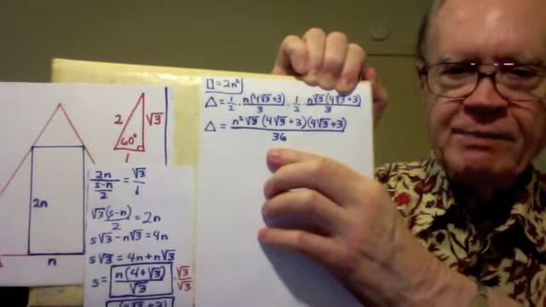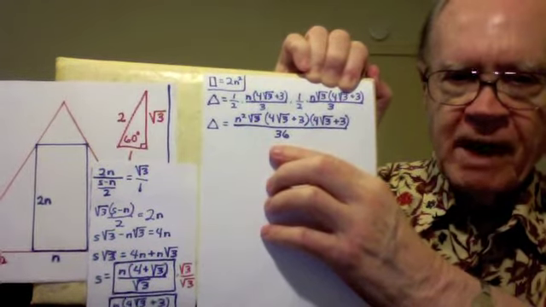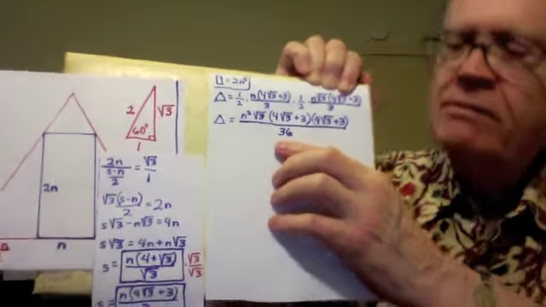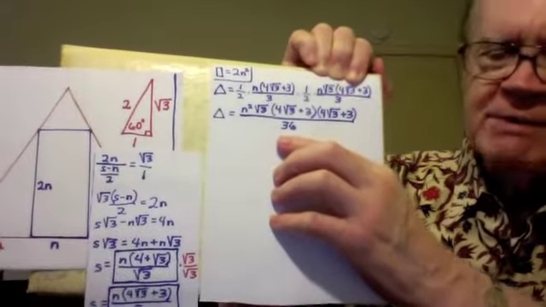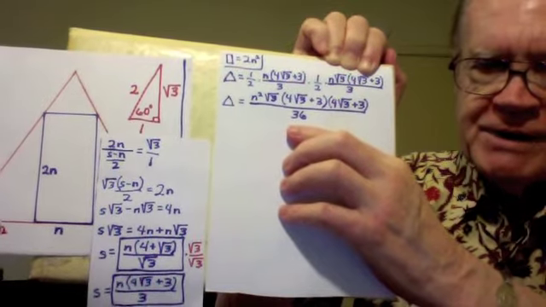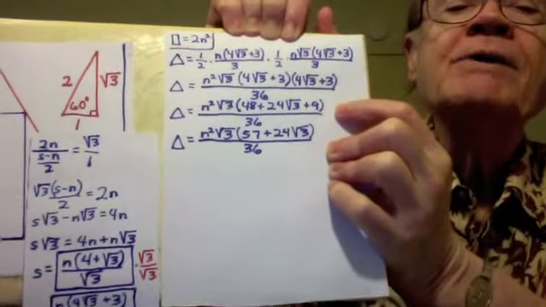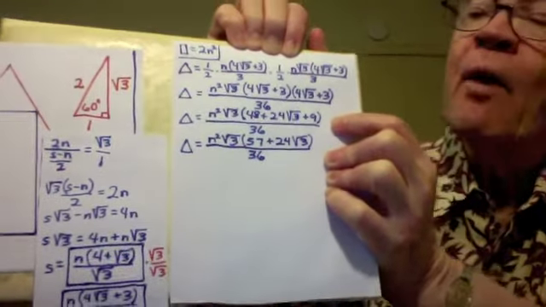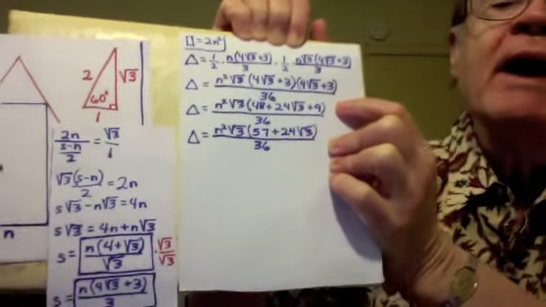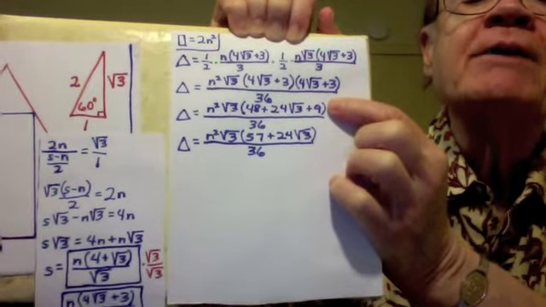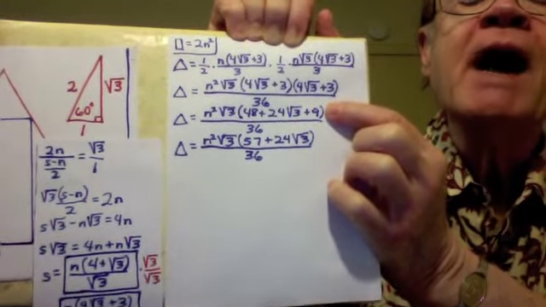I have rewritten the expression as n squared times root 3 times (4 root 3 plus 3) times the same thing, (4 root 3 plus 3), all over 36. In that expression, I multiply (4 root 3 plus 3) times itself by the FOIL method, and I get this expression in parentheses, 48 plus 24 root 3 plus 9.